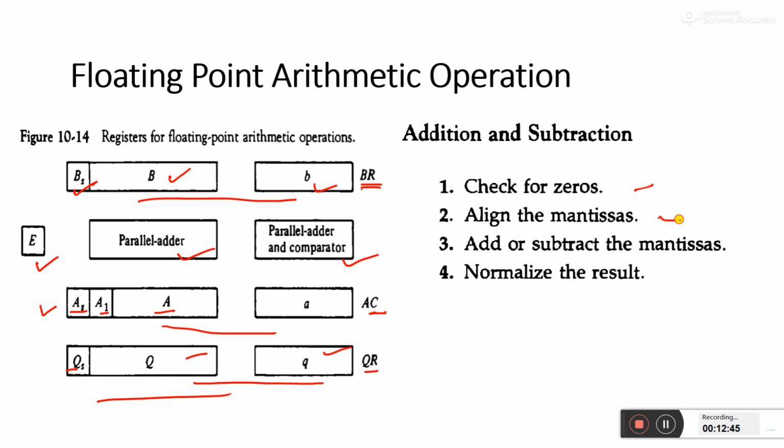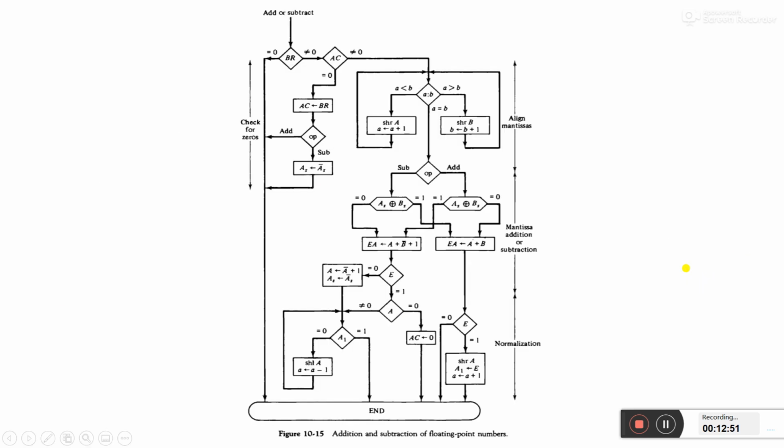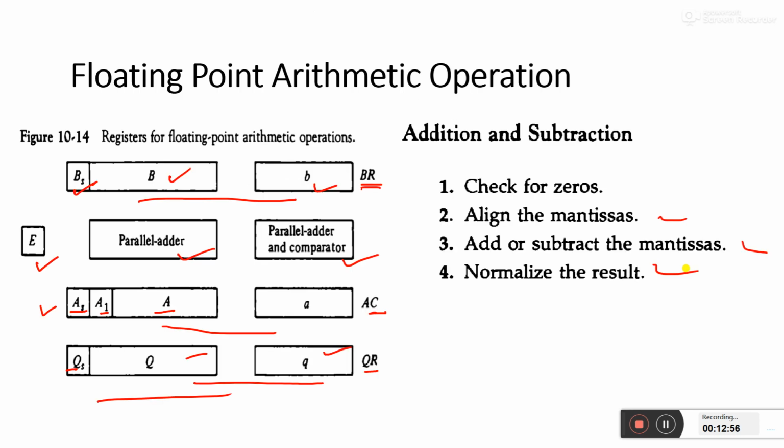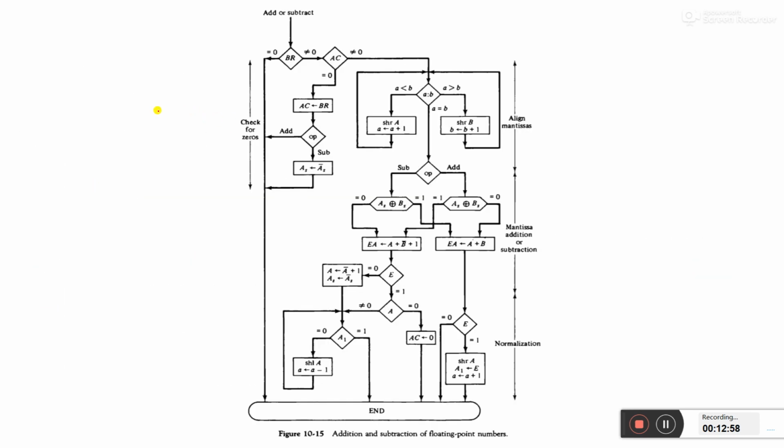Okay, so what are the things for the addition and subtraction? Check for zeros, align the mantissa, add or subtract the mantissa, and normalize the result. These operations you can see in the algorithm also.